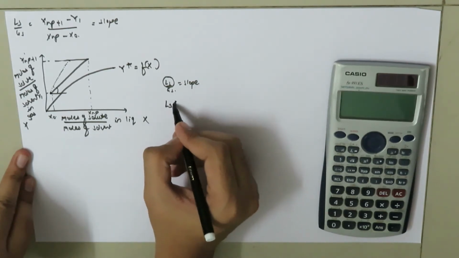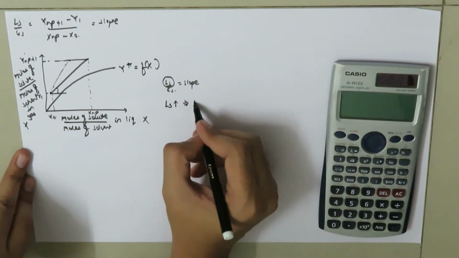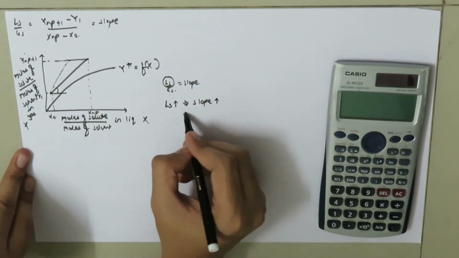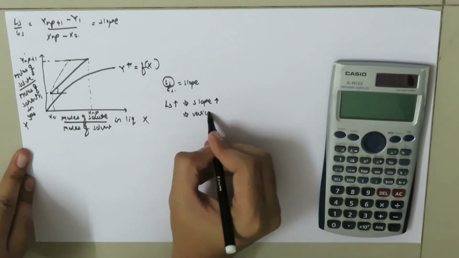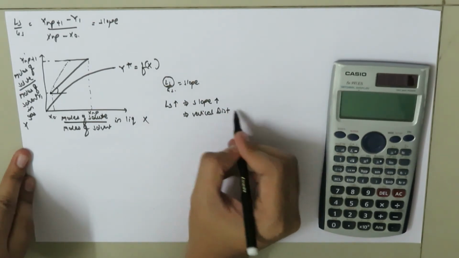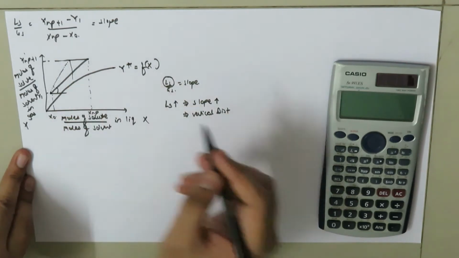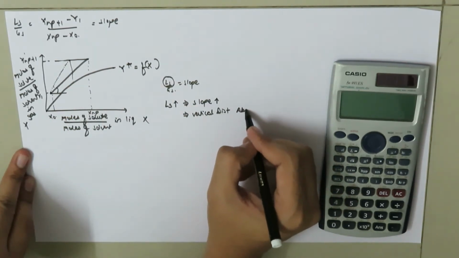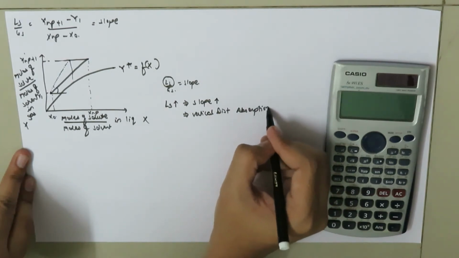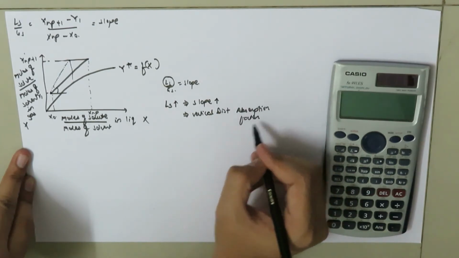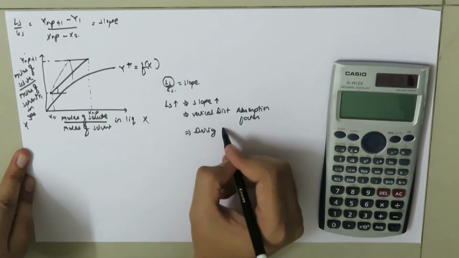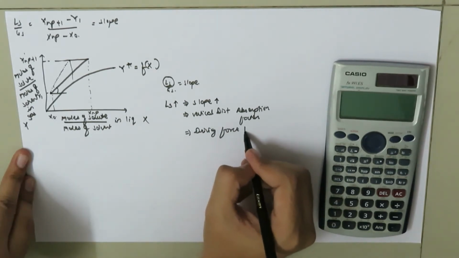So when Ls is increased, the slope is increased, and this implies that the vertical distance, which is also called the absorption factor, and this is our driving force, also increases.